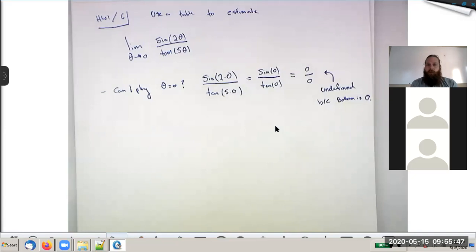Things that appear to be 0 over 0 could actually be any real number. I'll show you what I mean a little bit later in the course.